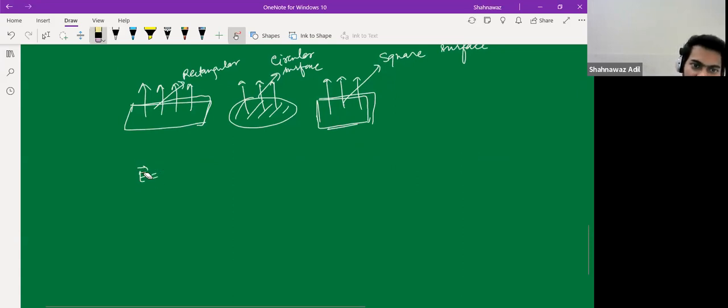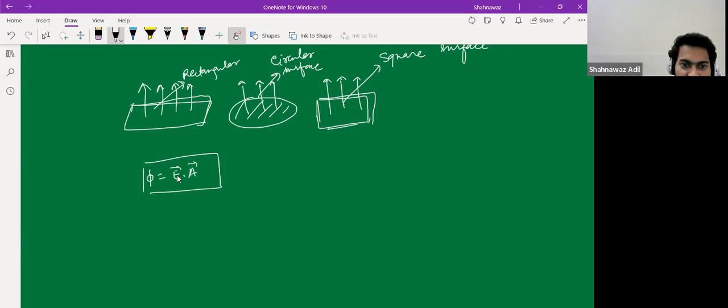So for these kind of surfaces, we calculated the electric flux, which was simply what? Which was simply EA, E dot A, right? So this was the electric flux. And as Aisha asked earlier, it is a scalar quantity.